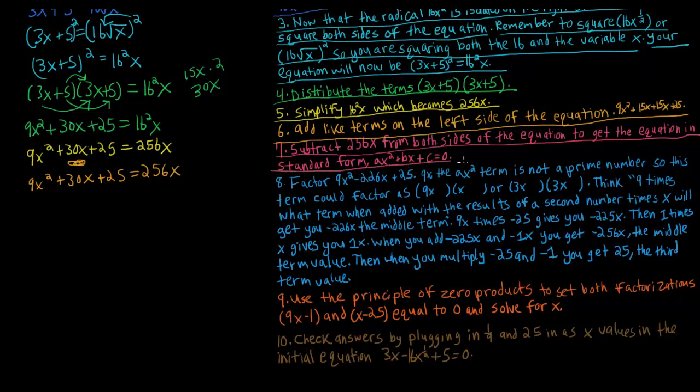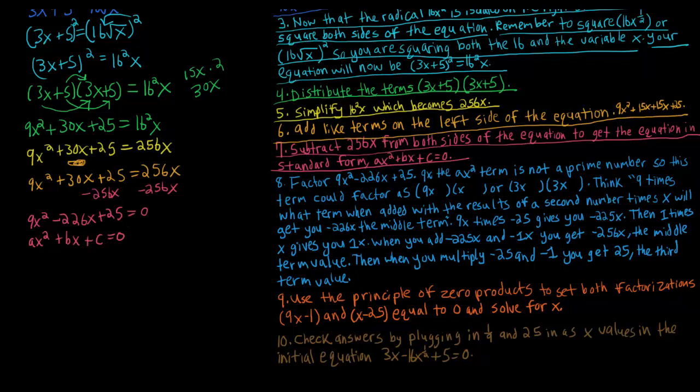So you have 9x squared, negative 256x plus 30x is going to be negative 226x, plus 25 equals 0. Now we have the equation in standard form, which is ax squared plus bx plus c equals 0.